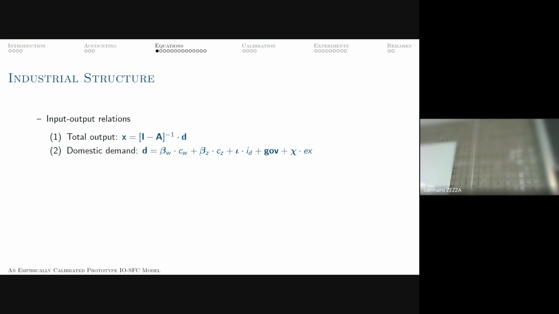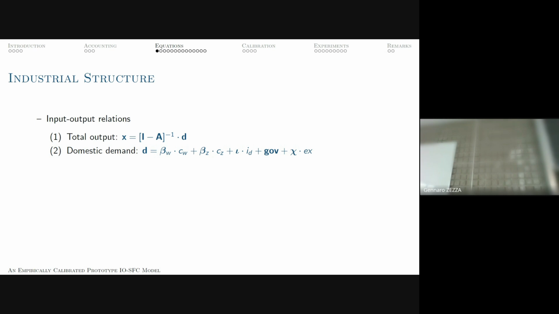And these Greek letters, the betas, the iota, and the kappa, are vectors defining the shares of, say, in the case of consumption, the share of consumption for each product, assuming that each industry is associated with a product and with a technique of production, which is obviously a simplified assumption.